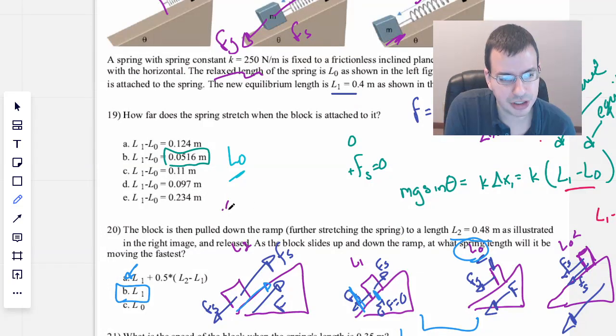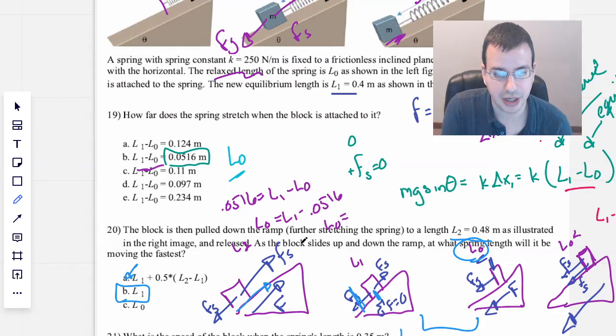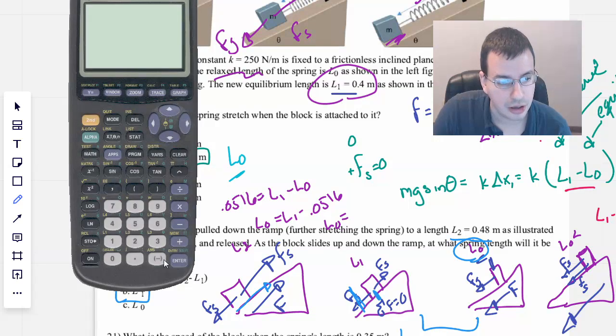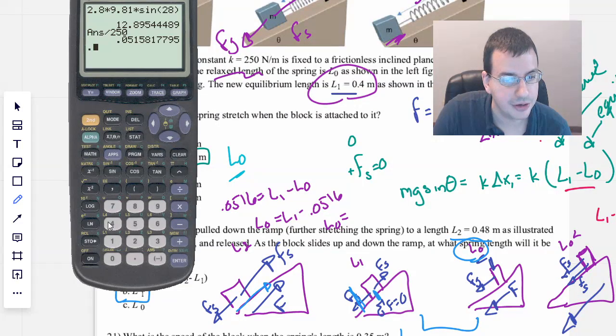So we have 0.0516 equals L1 minus L0. Rearranging, we have L0 equals L1 minus 0.0516. I'm just using our answer we got right here, and L1 is 0.4. So we have 0.4 minus 0.0516.